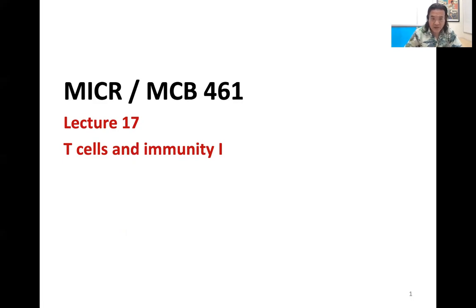Right, so this is where the uncommitted precursor cells that came from the bone marrow can be encouraged to become T cells. So that's where they undergo the process of VDJ recombination to make their own T cell receptor. And then through the rather tricky process of your thymus selecting for T cells that have a T cell receptor that can properly associate with the HLA proteins that make up the MHC platforms on the surfaces of our cells, because that's very important.